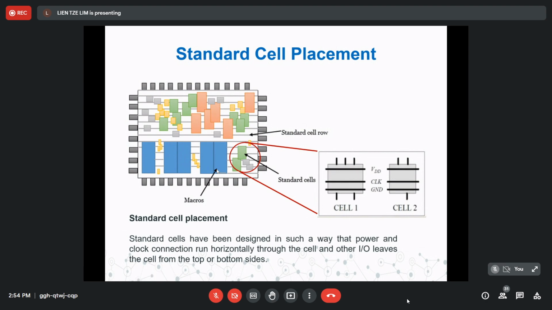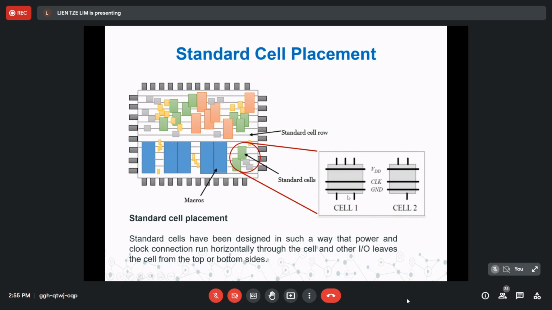All these cells and macros are connected with these routes or the straps. The straps here are the power straps and the ground straps. All these can be the routes or the straps.